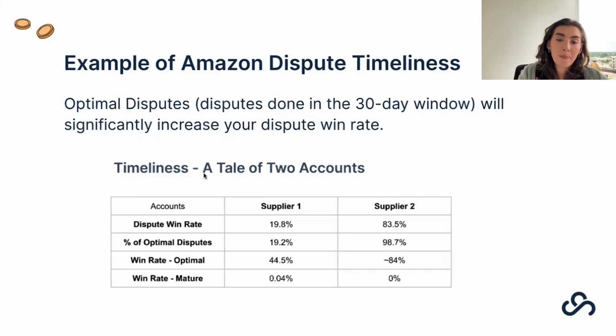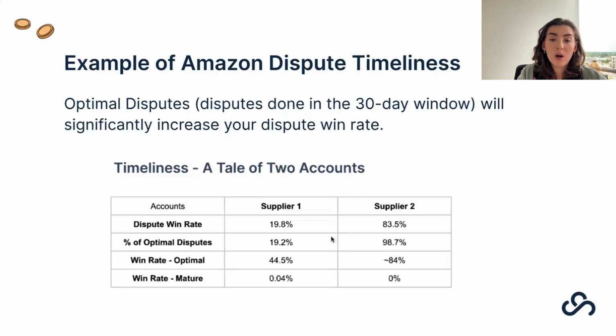So just to recap, we saw the dispute win rate for suppliers. We had one supplier who is not winning a lot, about 20%. And then we had another supplier who was killing it. This is a great dispute win rate. So our team got curious and asked, what is the percentage of optimal disputes that these suppliers are actually submitting for approval?